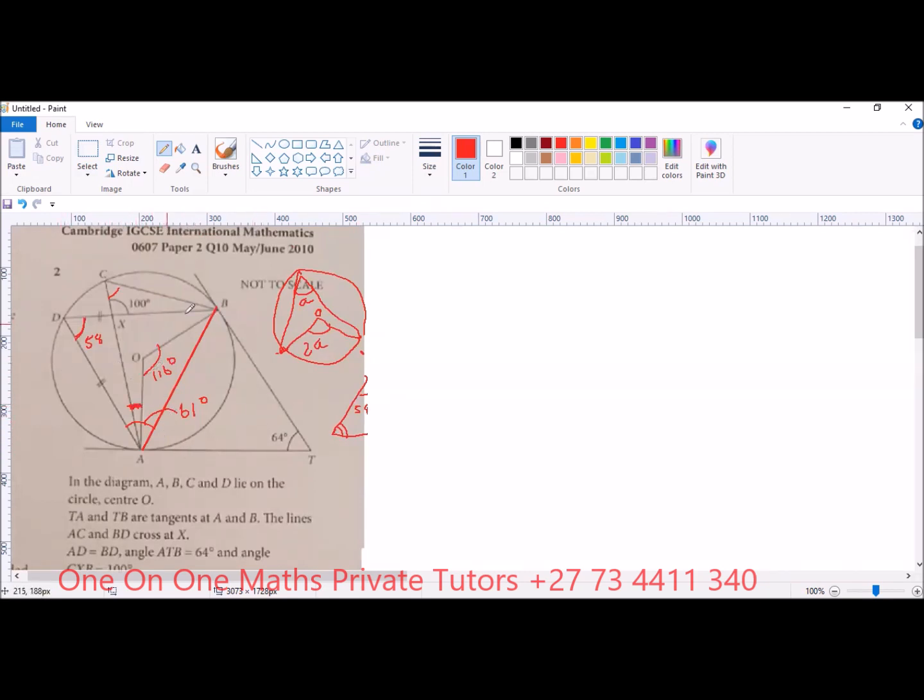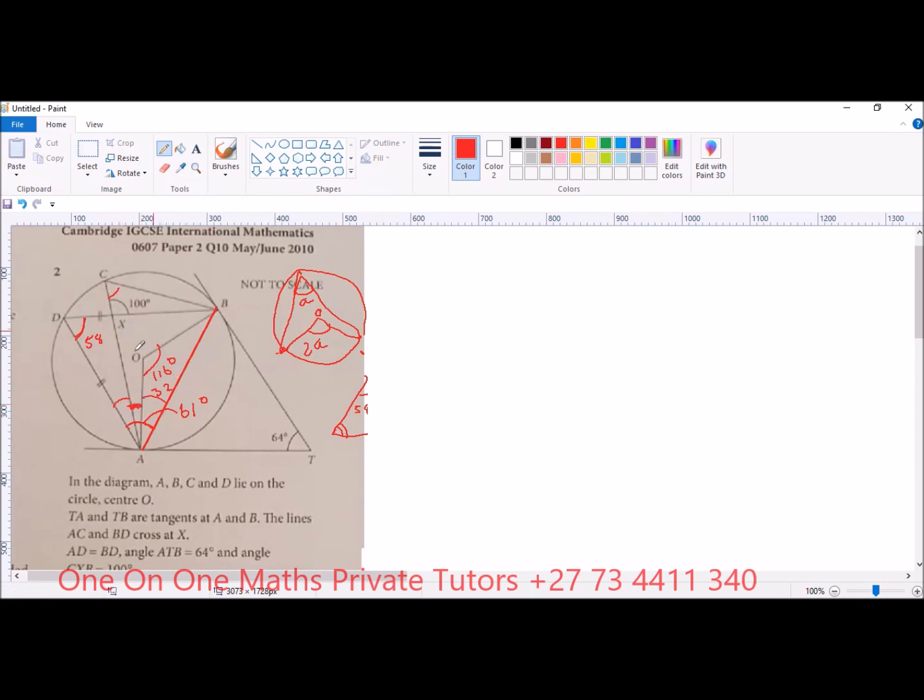We have calculated BAD and found it to be 61, and we have calculated OAB and found it to be 32 degrees. What we need to find is this angle, so that 61 minus 32 minus this angle will give us that small angle here.